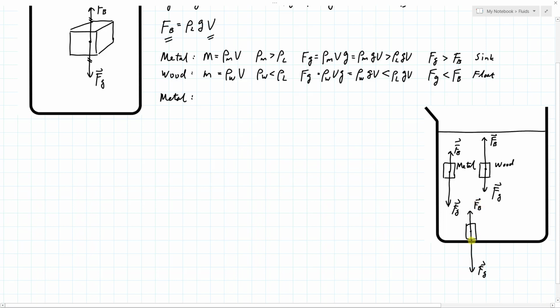But now, since it's sitting on the bottom, it is receiving some normal force from the bottom. So there's this normal force, N or Fn. And these forces will balance gravity so that the metal will just sit happily at the bottom of the container, right?